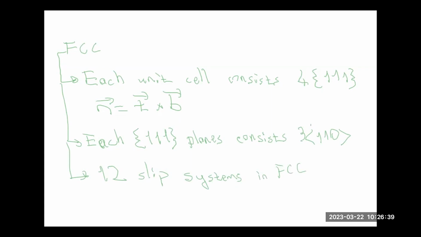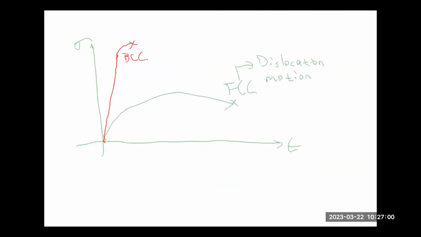So 12 is not that much because in BCC, we have 48 slip systems. But remember again, we said FCC is more ductile than BCC.